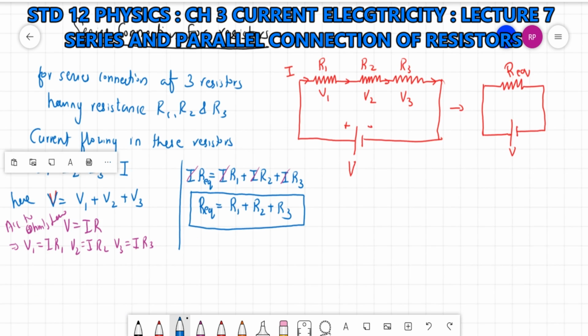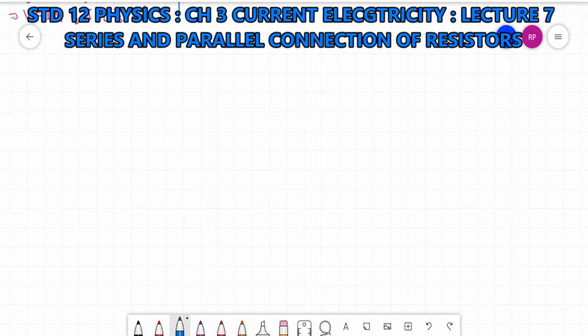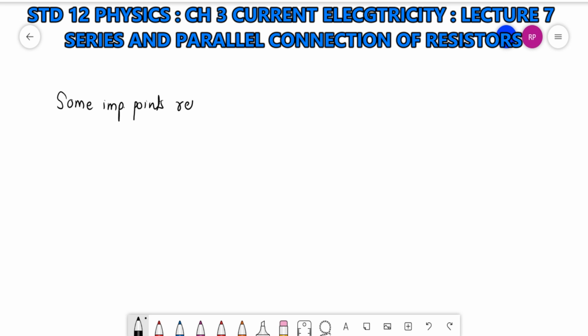Now let's see some important points related to series connection of resistors.